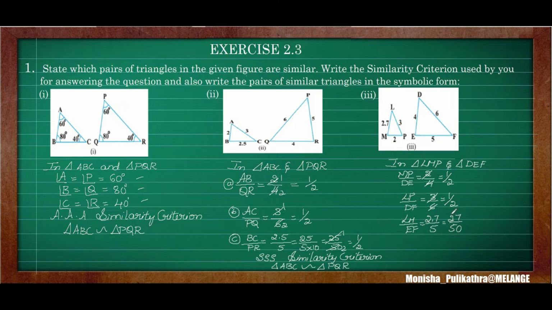Therefore, this ratio is different. Since corresponding sides are not proportional, triangle LMP is not similar to triangle DEF.